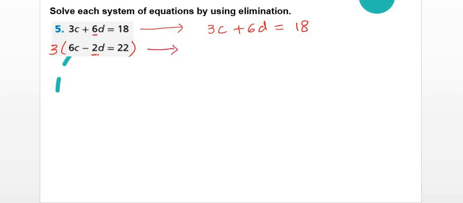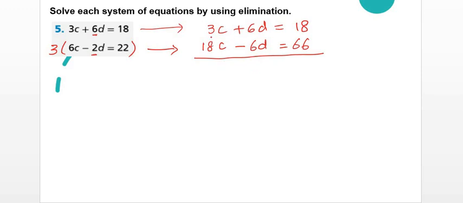Why? Because when I look at the coefficients, it already has a different sign. So 3 times 6 is going to be 18c minus 3 times 2 will be 6d equals 22 times 3 will be 66. So let's solve it downward.